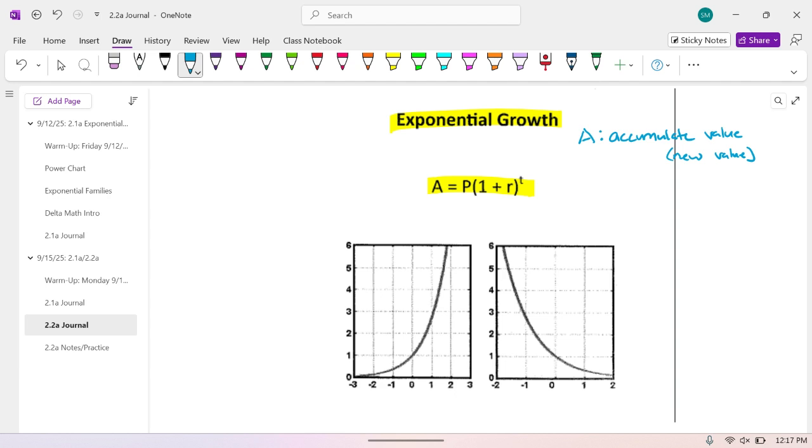Think about, you got money in a savings account, it's gaining interest. That would be the amount of money you have in your account after, say, a year from what you started with. So, like, if you want a specific example, let's say I had a savings account, had $500 in it, had 5% interest on it. So, after a year, the accumulated value would be the amount of money I have in my bank account then.